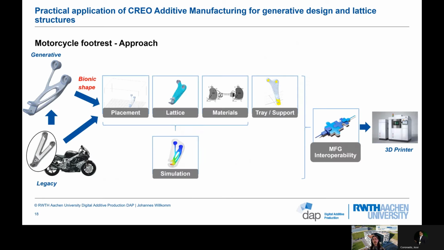So here you can see the approach for designing the part. A big benefit of Creo Additive Manufacturing is that you don't have to leave Creo for the whole digital process chain. You don't have to leave Creo for data preparation as, for example, Materialise software is integrated here. A couple of years ago, that was not the case.